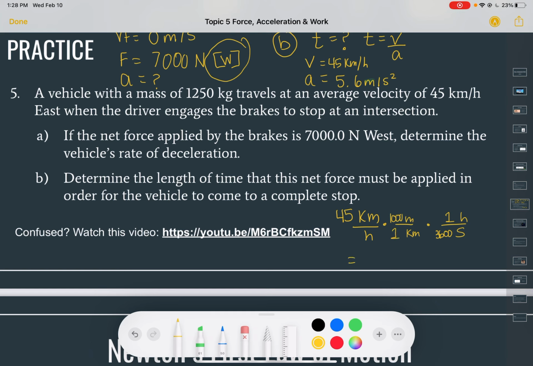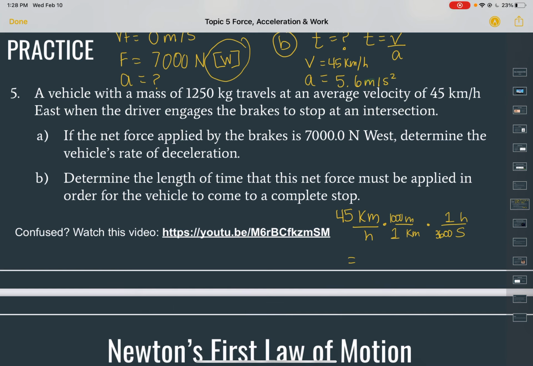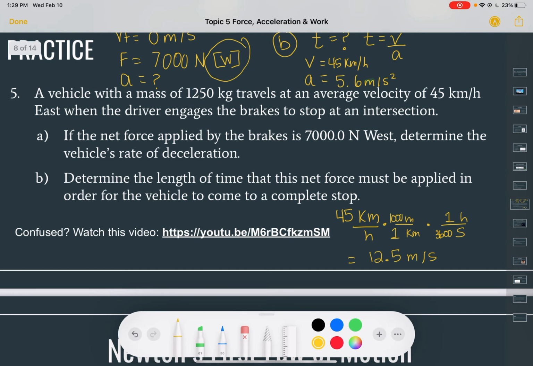So if we calculate that, we go 45 times 1,000 divided by 3,600, which will give us, again, a fraction, 12.5. And that's meters per second. Okay, so now we can sub in that for the velocity. So the velocity is not 45 kilometers an hour anymore. I'm going to get rid of that. It's actually 12.5 meters per second.